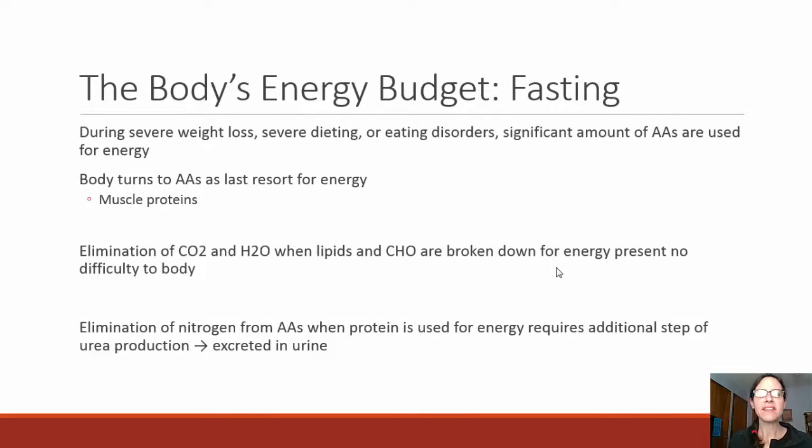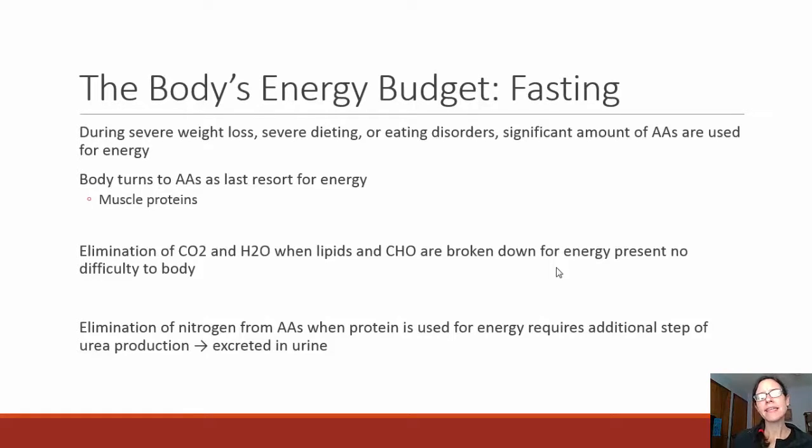And one thing that we need to think about when we're relying on breaking down our muscle proteins for energy is that it's a little bit more complicated than when we break down just carbohydrates and fats. So when we're breaking down carbohydrates and fats, we're dealing mostly with carbons, hydrogens, and oxygens, and there's really no complications or difficulties for the body to break these down.